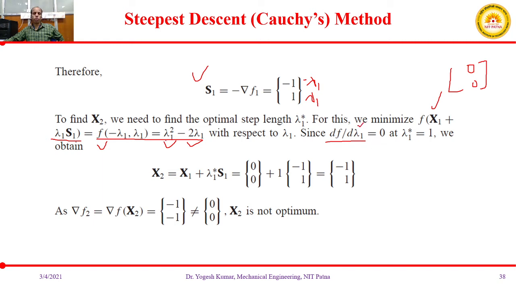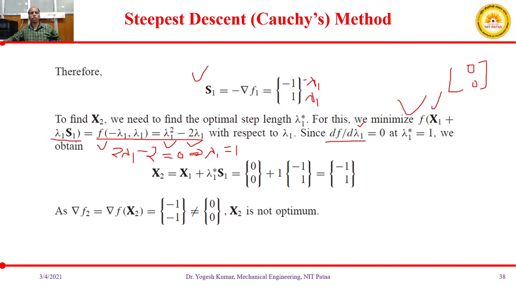If you take the derivative, this will be 2 lambda 1 minus 2 equal to 0. So you can easily calculate that lambda 1 is equal to 1.